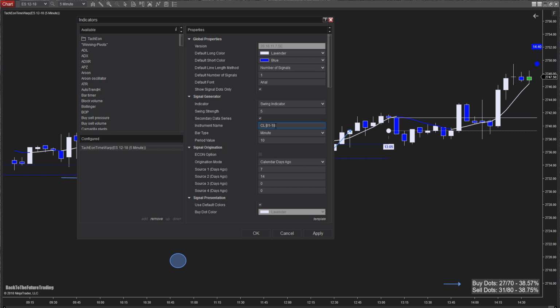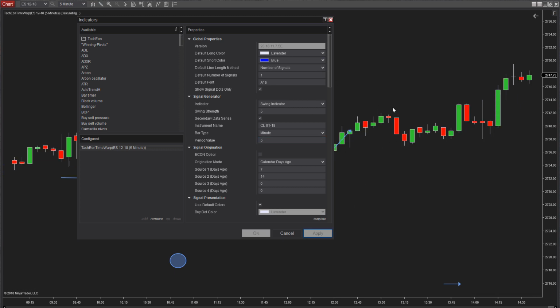You just have to pull in a crude 1-minute chart with 30 or 40 days of data, nothing on it. It just has to pull the data in so that this can see it, and then it should take right off. So if I want to come to crude, I can apply a crude 5-minute value, and now we look at crude 5-minute signals and see how they affect the ES 5-minute market.